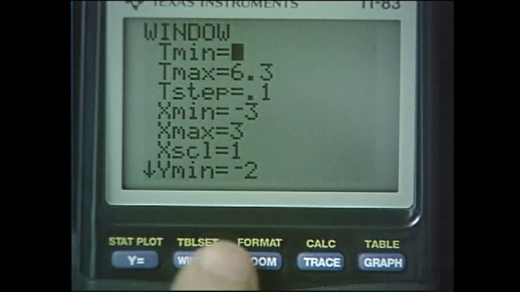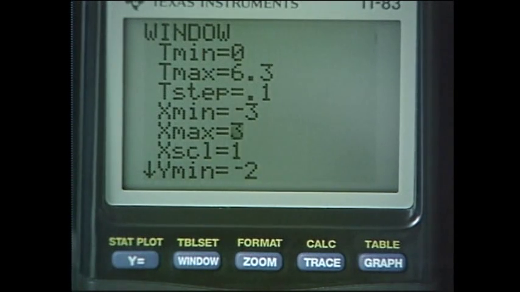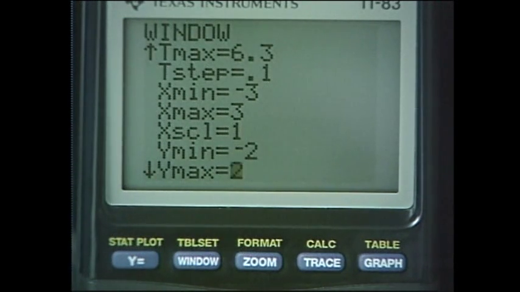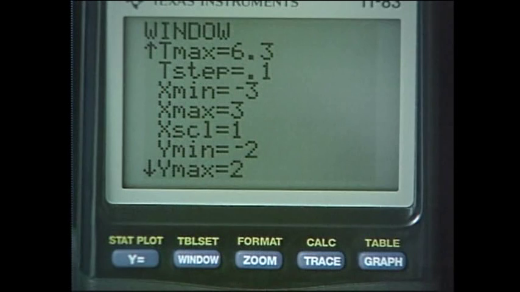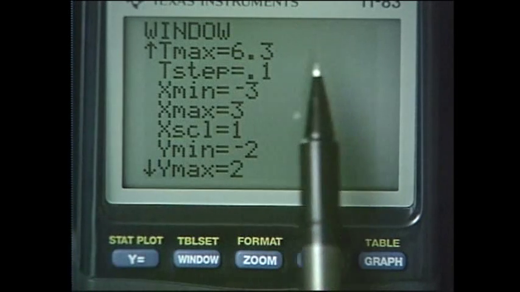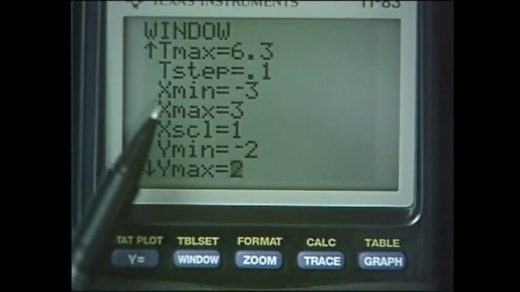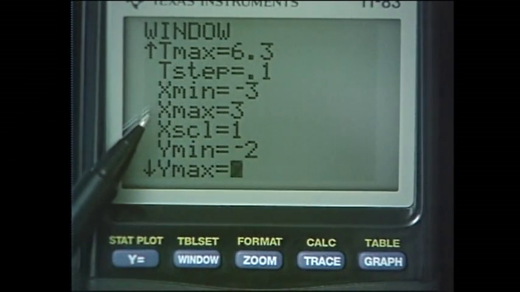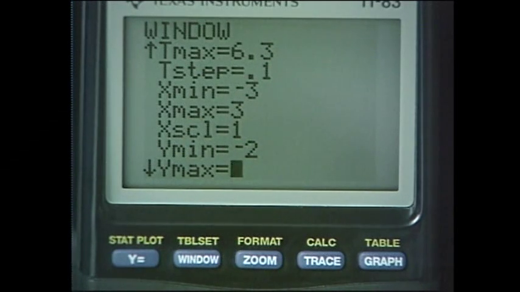So when I set the window here, I'm looking at a y minimum of -2 and a y max of 2, giving rise to a total vertical distance of 4. And if that total vertical distance is 4, then I know that the horizontal distance needs to be 1.5 times that. 1.5 times 4 would be 6. So I'm setting the x min at -3 and the x max at 3 for that purpose.